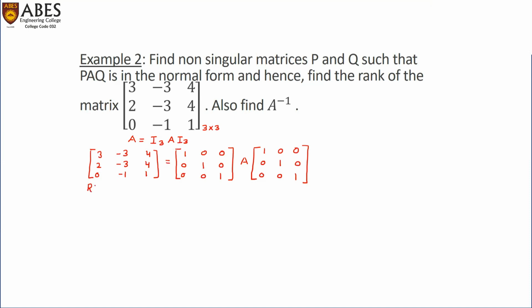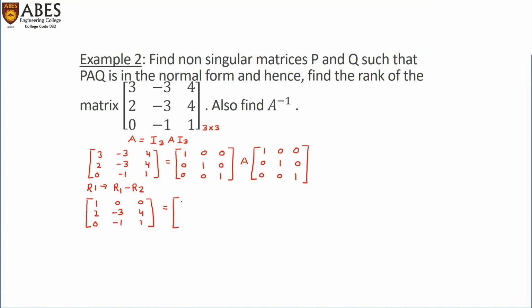First, R1 is replaced by R1 minus R2. We get 1 minus 3 plus 3, 0; 4 minus 4 is 0; 2 minus 3, 4, 0 minus 1 and 1.